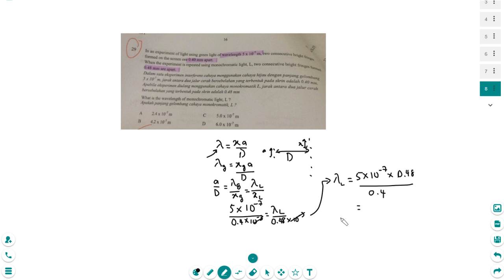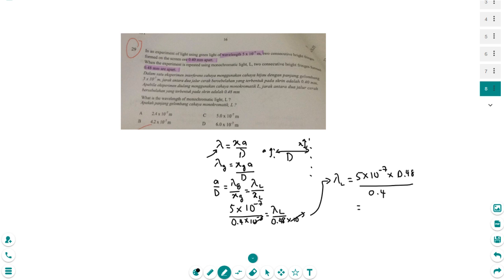Okay, so what's the answer? Hold on, here's the computer. 5 times 10 exponent negative 7 times 0.48, divided by 0.4.